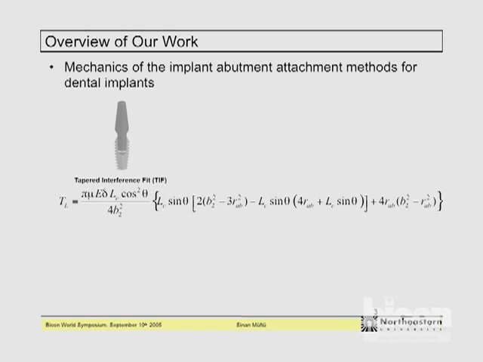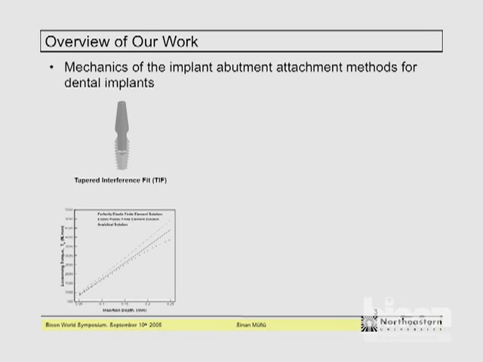So with formulas such as this, one can easily determine the relations between practical parameters such as insertion depth and loosening torque. And of course some other things that I don't want to go into detail right now.